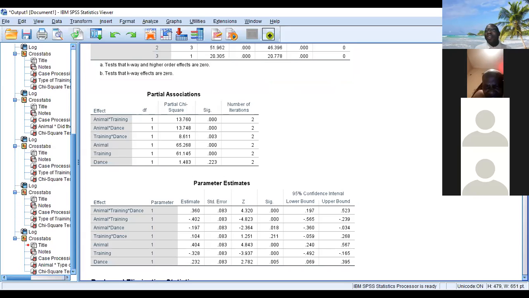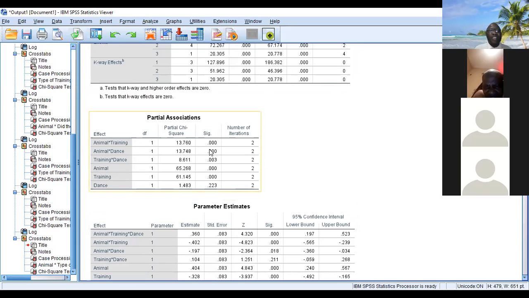If you are to present the chi-square, you may have to add this K-way effect of the highest level, 20.305, to the table. But to be sincere with you, in a more high-impact journal, the Z gives more information because it gives you the confidence interval.